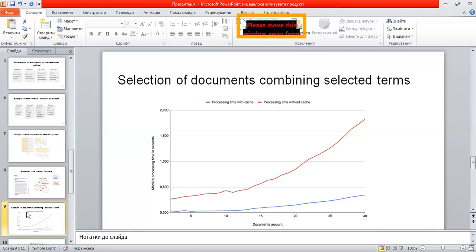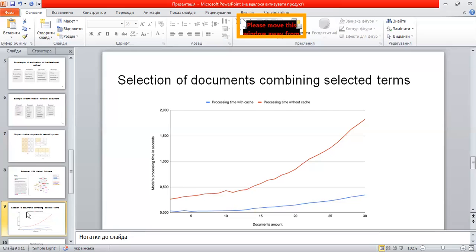Thanks to the proposed optimization of saving calculations, the speed of the system has significantly increased. The diagram shows a graph of the dependence of the speed of the model on the number of documents in the body of plain text. Speed is measured in seconds. The blue line shows the performance of the model with computational caching enabled, and the red curve shows no caching.